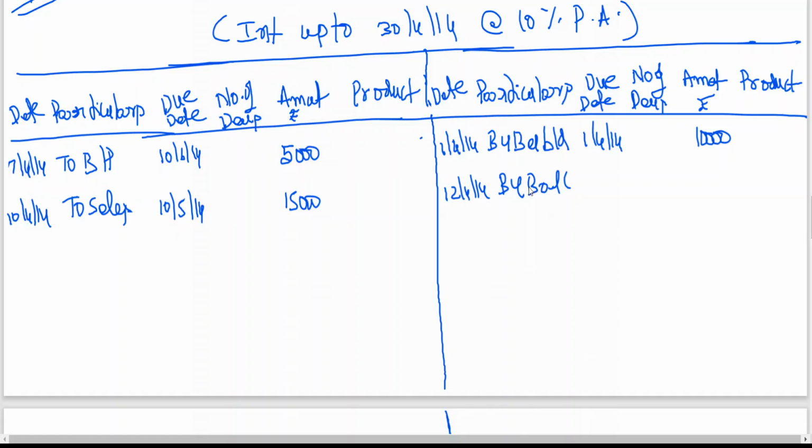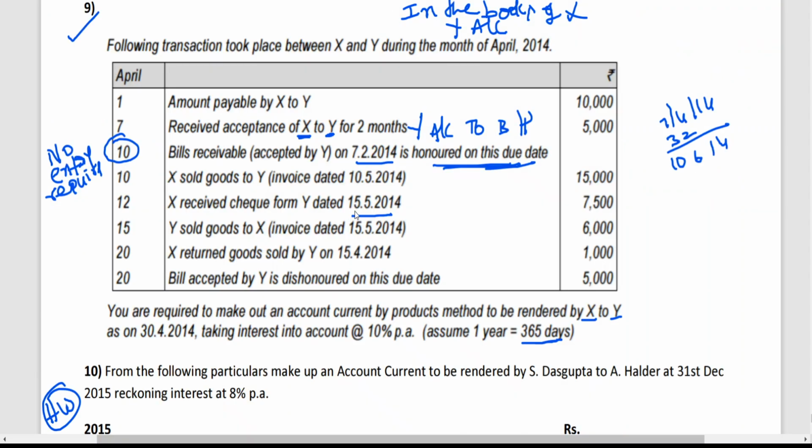He has given a post dated check, 15th May. Amount is 7,500. So this is called a post dated check. A check is valid for 3 months. Otherwise, after 3 months expiry, it becomes a stale check.